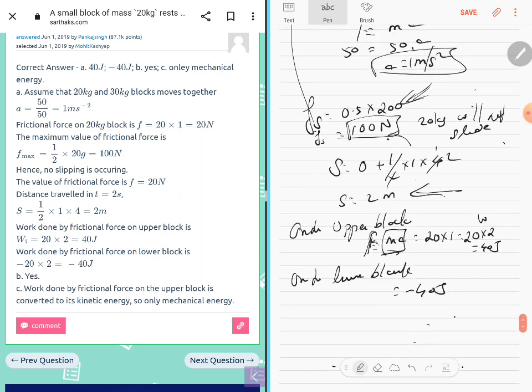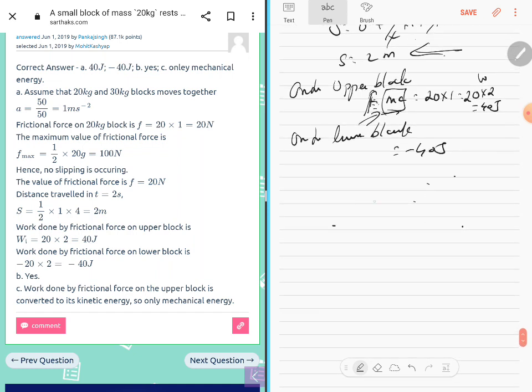Though this is the Fs maximum, at that point it will be equal to the force applied and not Fs maximum. So you can't take 100 newtons to be the force in here. You have to take mass into acceleration. That's a common mistake we make, and I did it, you saw it. So make sure you're correcting your mistake.